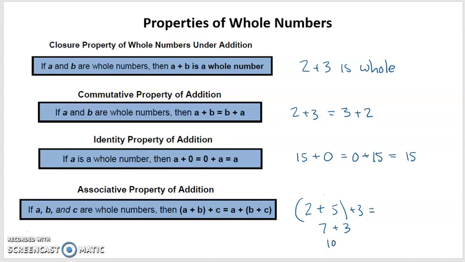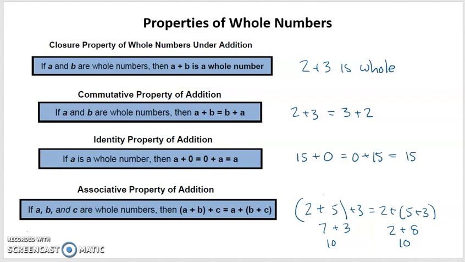Or I could have done it like this. 2 plus 5 plus 3, which is 2 plus 8. That also gets me 10. So if you associate these whole numbers in different ways with different parts of this expression, they're still equal to one another.